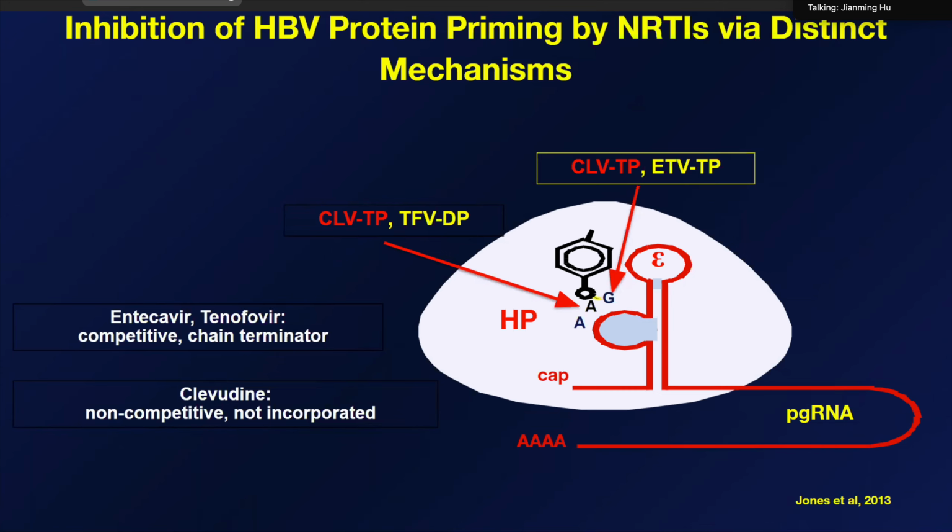For example, we've shown an unusual nucleoside analog like clevudine can inhibit this protein priming step through a very unusual mechanism, non-competitive, and the nucleotide is not incorporated. I think this is a very interesting mechanism that remains to be exploited for antiviral therapy.